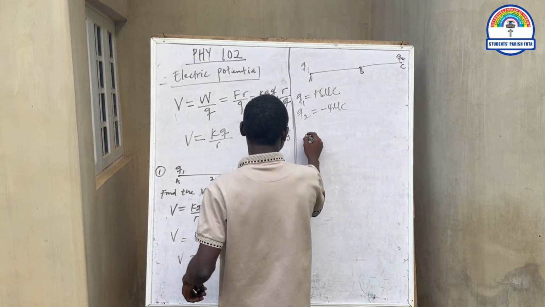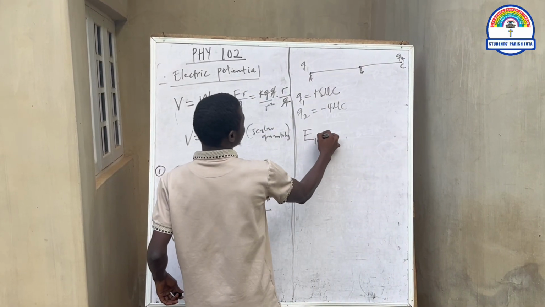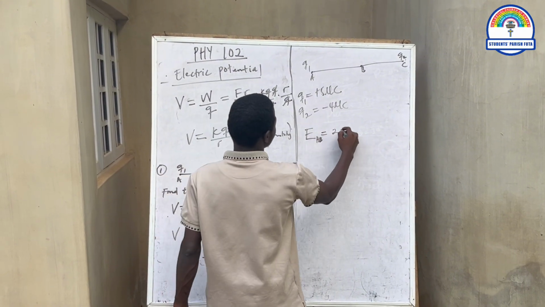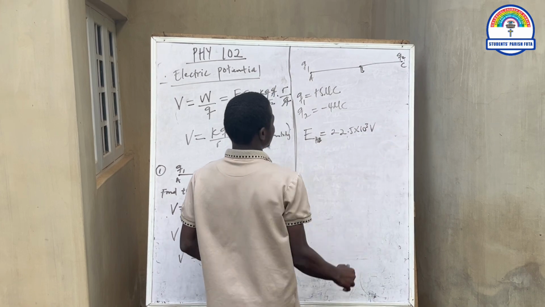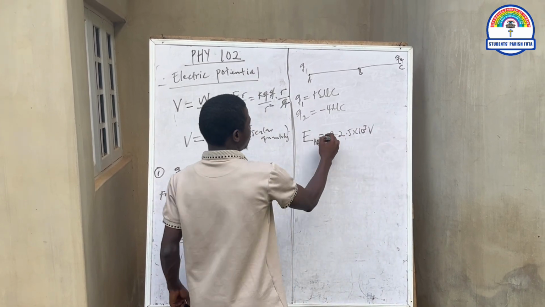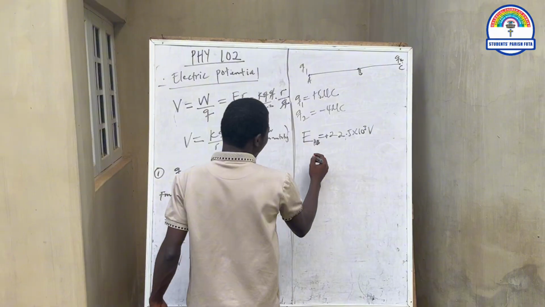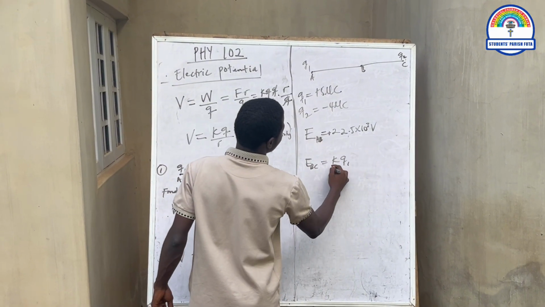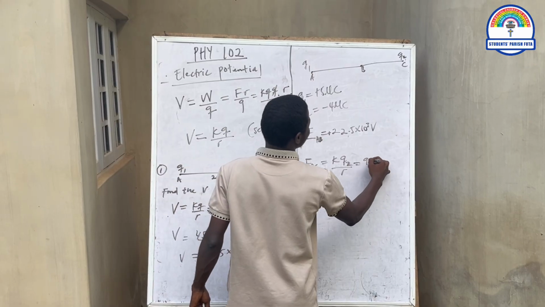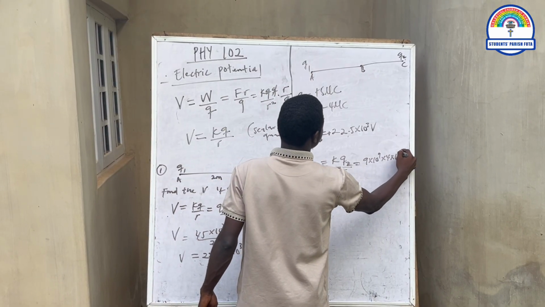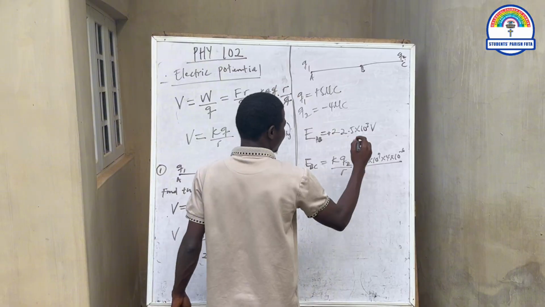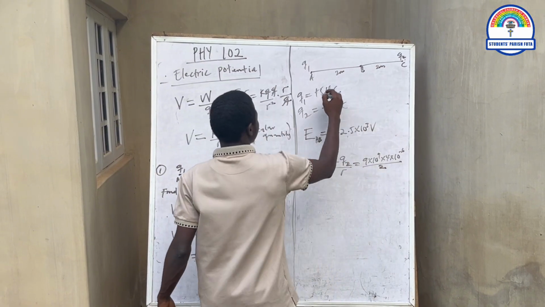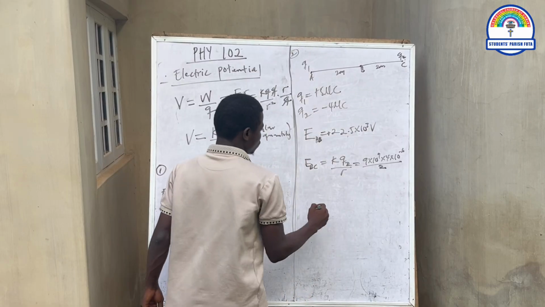So we've gotten for AB, I'll call it E1, or EAB, and that is 22.5 times 10 to the power 3. Let's call it positive. Then let's get EBC, which will be KQ2 over R. That is 9 times 10 to the power 9 times 4 times 10 to the power minus 6 over 2, the distance being 2 meters.